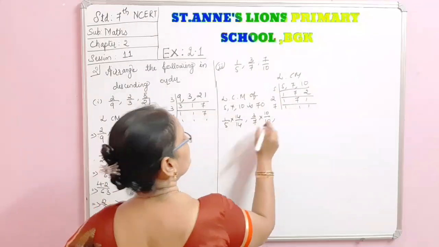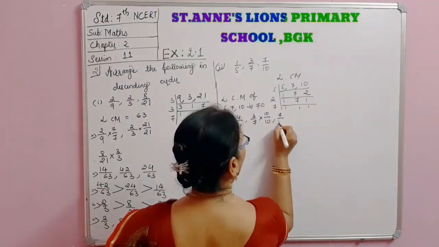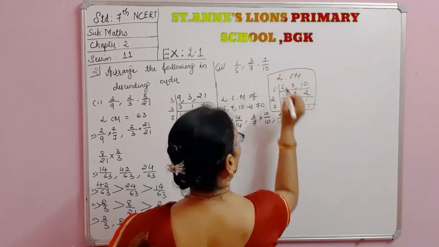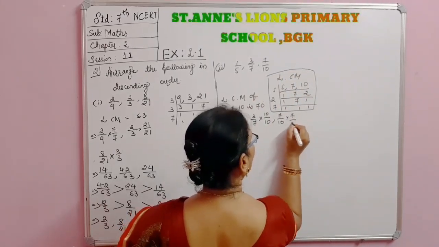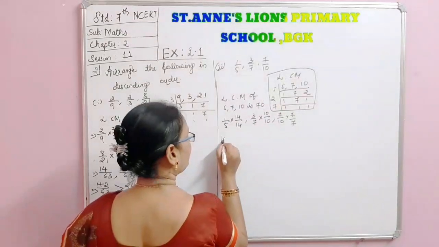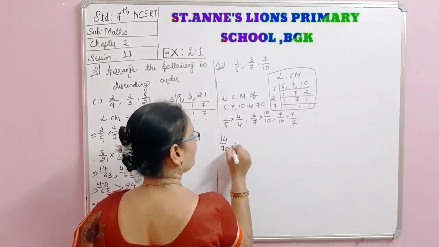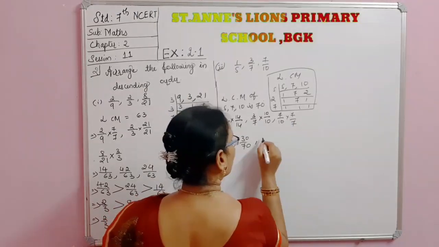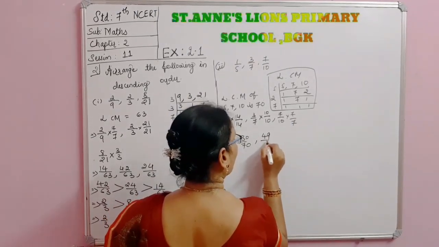3 by 7 finished. 7 by 10, that is 7 by 7. So 14 by 70, 30 by 70, 7 7s are 49 by 70.